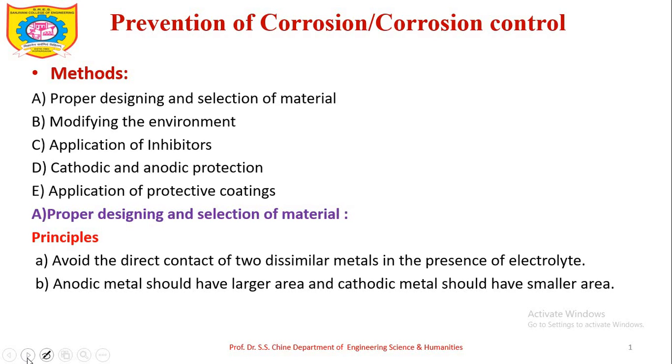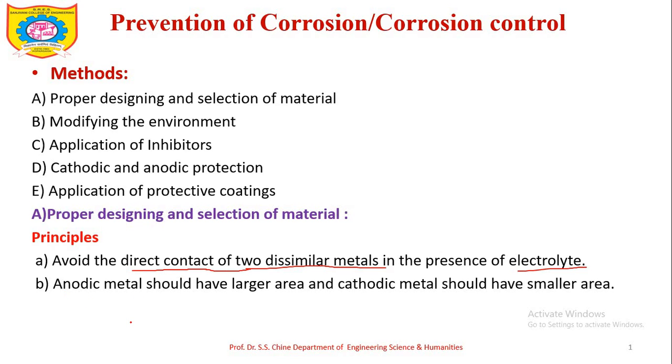As we discussed, wet corrosion, or electrochemical corrosion, occurs when there is formation of either galvanic cell or concentration cell. If 2 dissimilar metals come in contact in presence of electrolyte, it will lead to the formation of a galvanic cell and there will be severe corrosion. So we need to avoid the direct contact of 2 dissimilar metals.